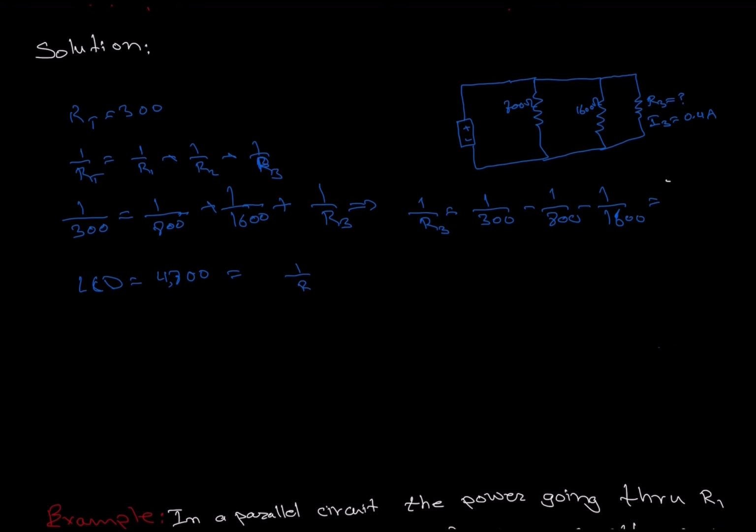So let's solve that thing. 1 over R3 is equal to 4800 divided by 300, which will give me 16. 4800 divided by 800 will give me 6. 4800 divided by 1600 will give me 3. So 1 over R3 is equal to 16 minus 9, which gives 7 over 4800.